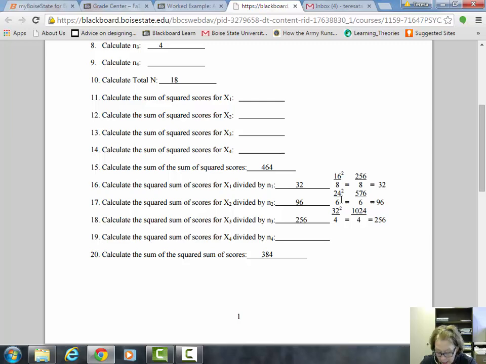And that's what you see right here, where the total of the first treatment group was 16, so 16 squared gives us 256, divided by the n of that group works out to 32. We do that for each of the treatment groups, and then you add those 3 values up, and that total is 384.